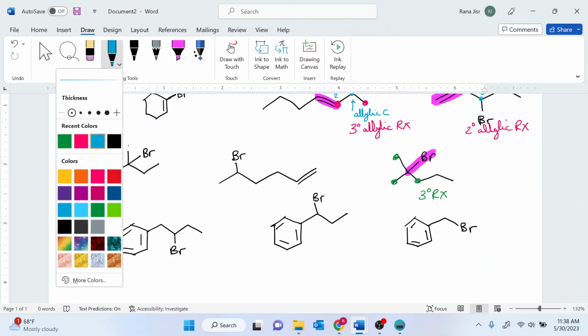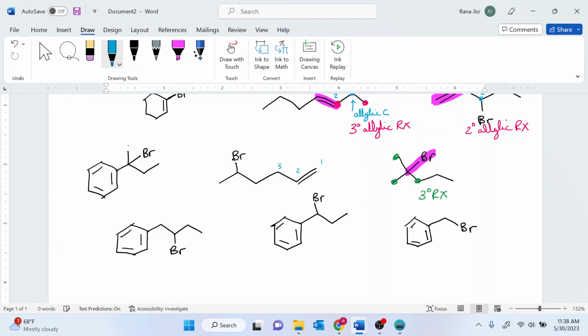If I start numbering, this is going to be 1, 2, 3, 4, and 5. It's very far away, so it's not on the allylic position, but it is an sp3 hybrid carbon, so nucleophilic substitution occurs. The type of the alkyl halide here, since it is connected to two carbons, is called a secondary alkyl halide.